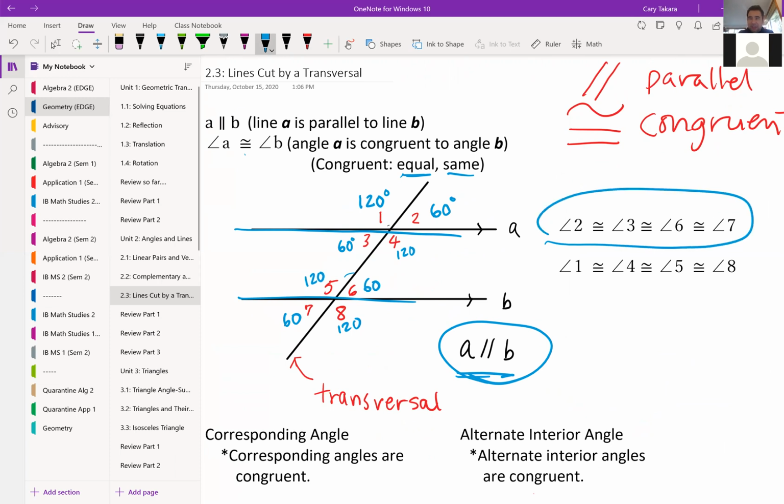Angle 2 is congruent with angle 3, and so are angle 6 and 7. So 2, 3, 6, 7 are all the same. And then 1, 4, 5, 8, they are all the same. Okay. All right. So that's one thing.